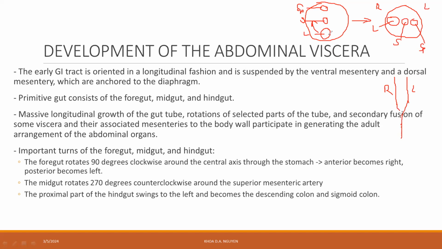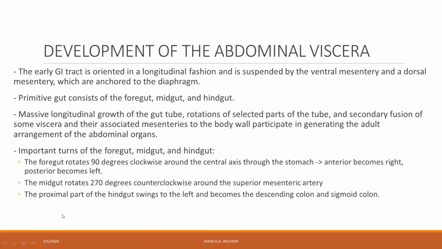Why? Because there has been this rotation that took place. Everything on the right side will become more posterior, and everything on the left side will become more anterior. That makes sense now, right? So before, you didn't know, now you do.